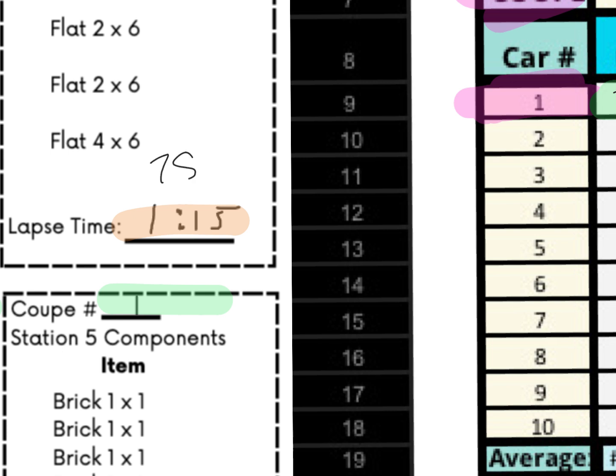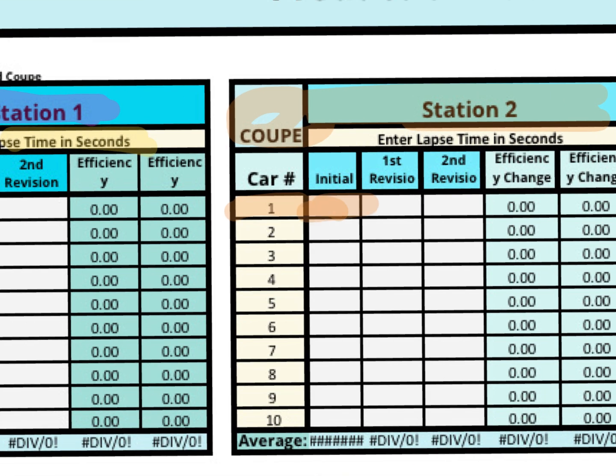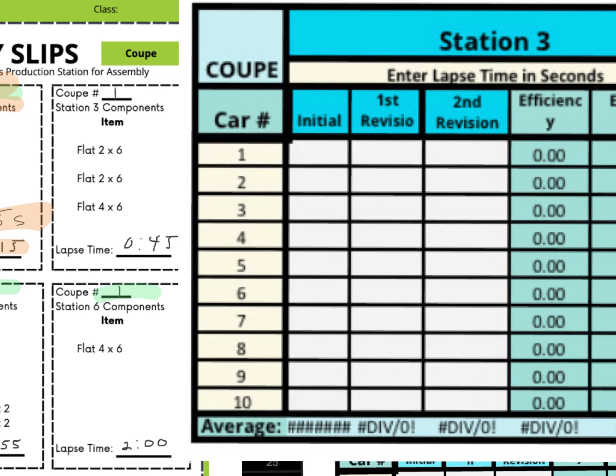So it's going to be 75 seconds. And that 75 seconds needs to go in station 2 of the coupe at car number 1. So that means we need to put it right here, because, again, this is our initial shot at just seeing how the system works. And then I'll bet you can see where we're going with this.